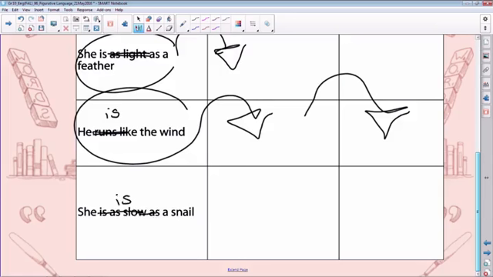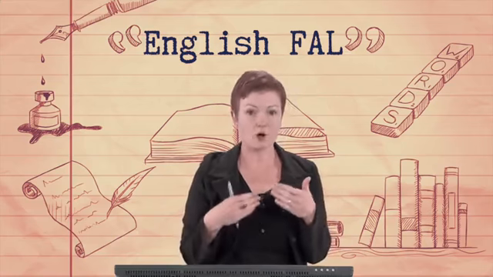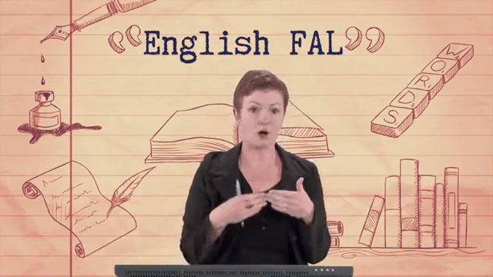Sometimes metaphors are a little bit more difficult to identify than similes, because with similes, if we see an as or a like, then, okay, that's a simile. Whereas when there's a metaphor, there's not always that alert. So if you are asked to look for a metaphor, say to yourself, I'm looking for a comparison that is not literal.